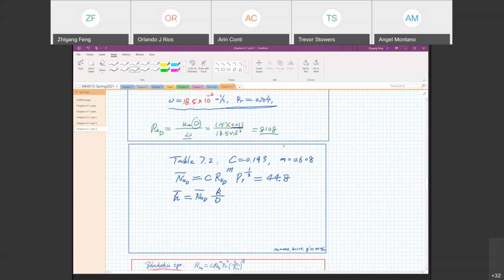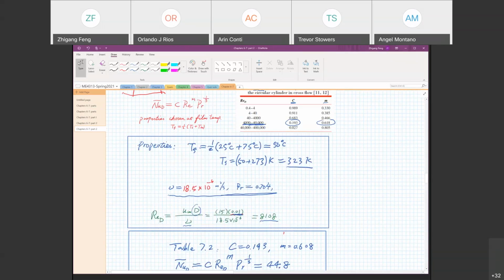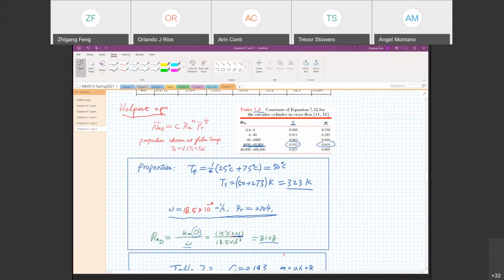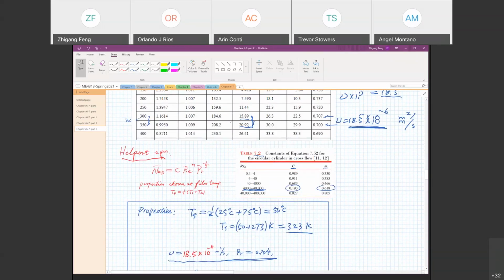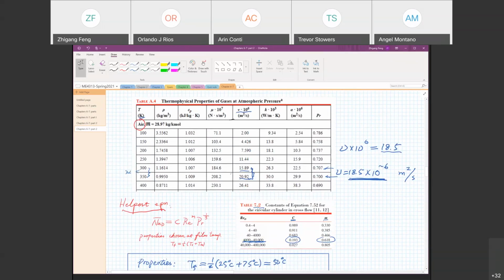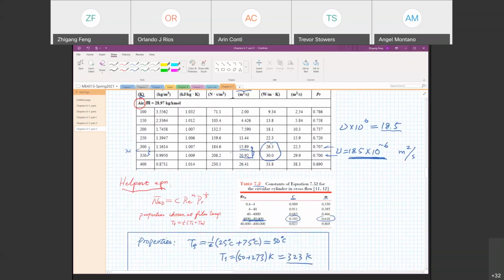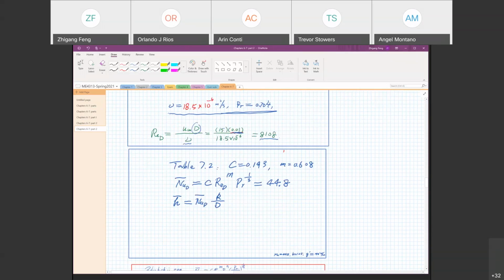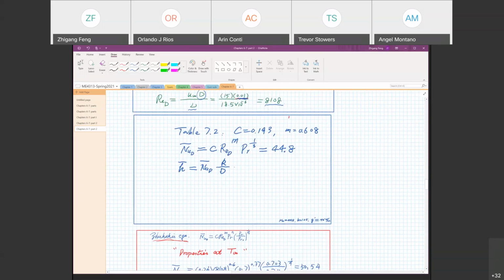So we have to find the thermal conductivity of the air at the mean temperature, at the film temperature. So you have to go to this table to find the k.